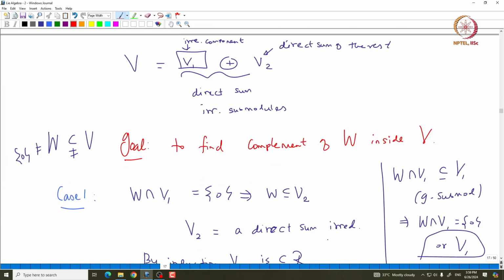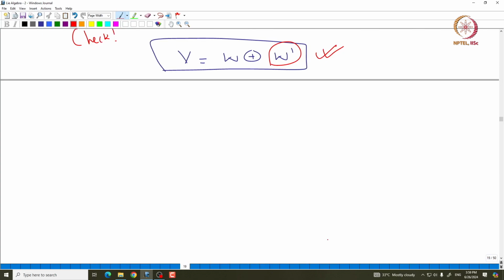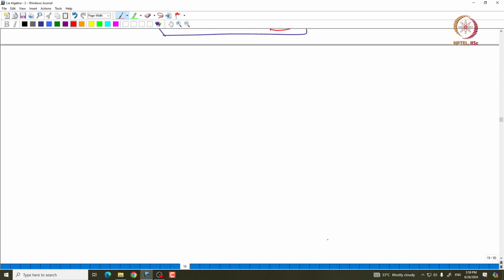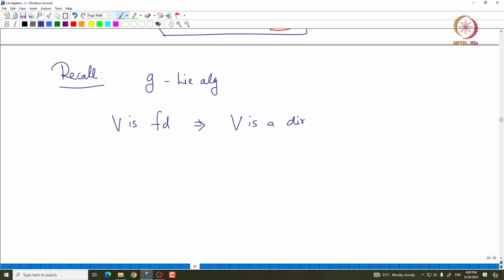If we take any finite dimensional representation, we proved that it can be written as a direct sum of indecomposable representations. Let us recall, this is true for any finite dimensional representation and finite dimensional Lie algebra. So, if G is a Lie algebra and V is finite dimensional, then V is a direct sum of indecomposable G submodules.